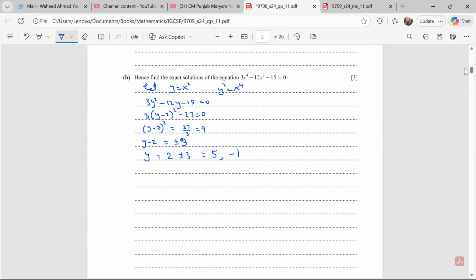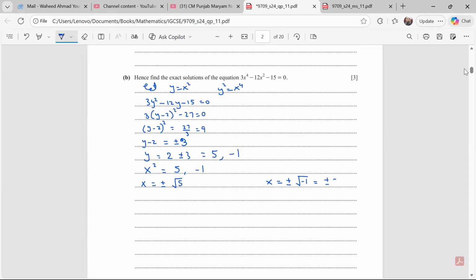But this y was equal to x square. So it means x square is equal to either 5 or minus 1. Okay, so if x square is 5, then x would be equal to plus minus square root 5, right? And if x square is minus 1, then x would be equal to plus minus under root minus 1, which is not a real number, it's a complex number, right?